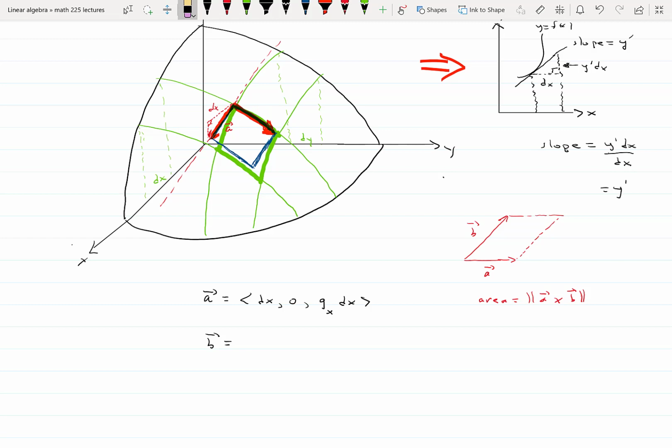So I want the vector b, and I erased it so I could draw in my drawing. I'm going to do the same thing as I did for a, although I'm going to move in the y direction, a small distance dy, or displacement dy.